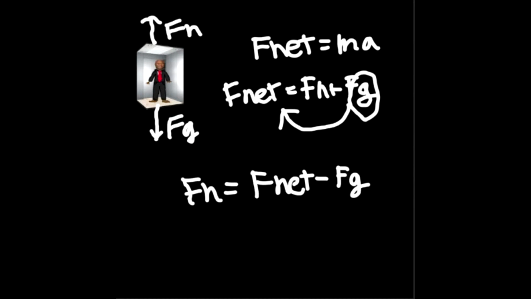Now we'll replace some variables to make this easier, and Fn would remain the same because that's what we're solving for. Fnet would turn into mass times acceleration, ma, minus mass multiplied by the acceleration of gravity, which is a constant, negative 9.81, but we'll use g to keep it easy for now.